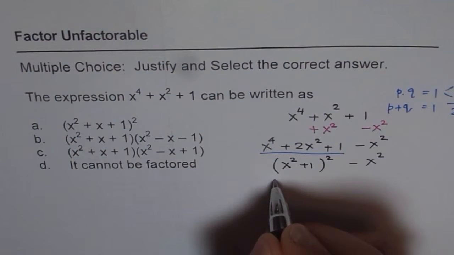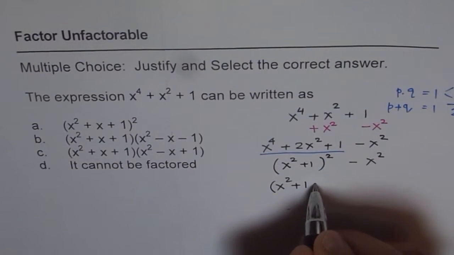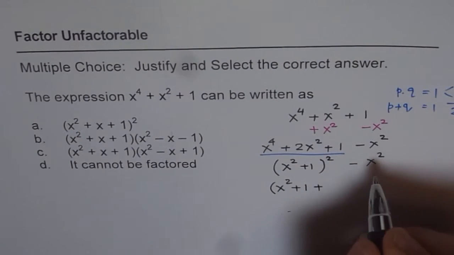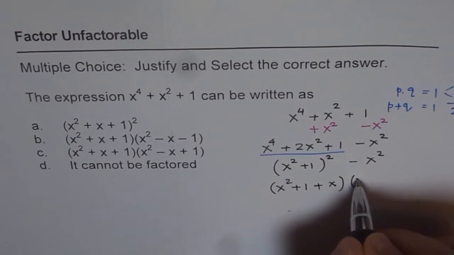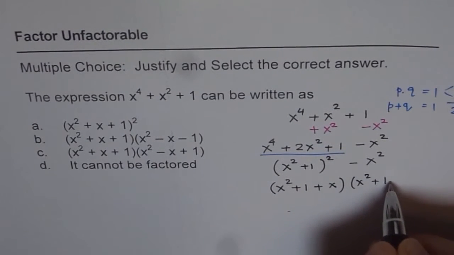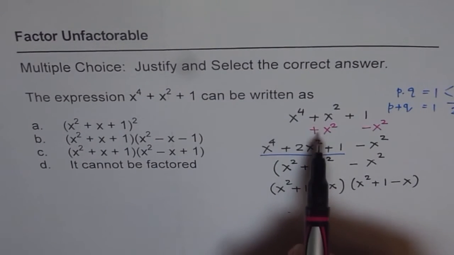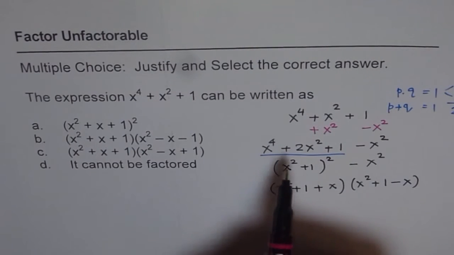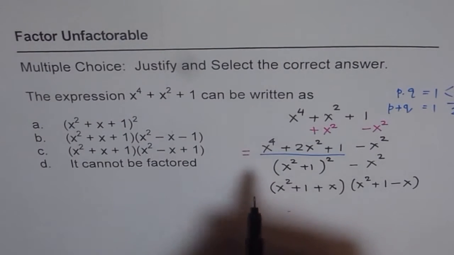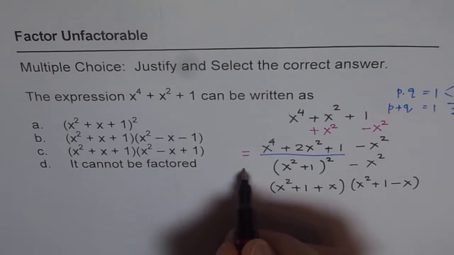So I get x squared plus 1 plus x times x squared plus 1 minus x. Do you see that? That is how, by adding and subtracting x squared, I am able to write an expression similar to the first one, but in a form which can be factored.